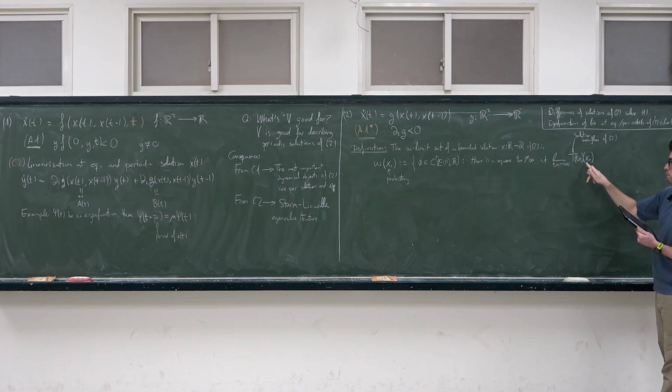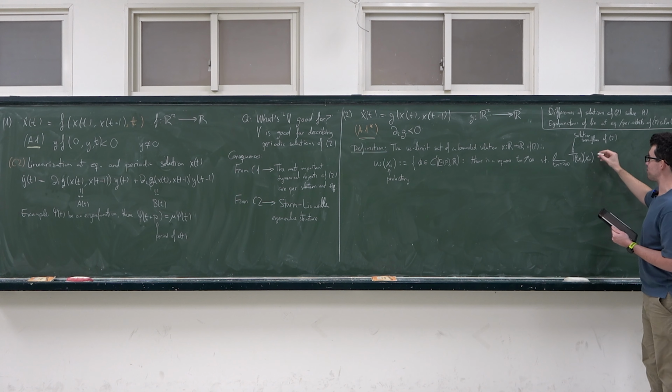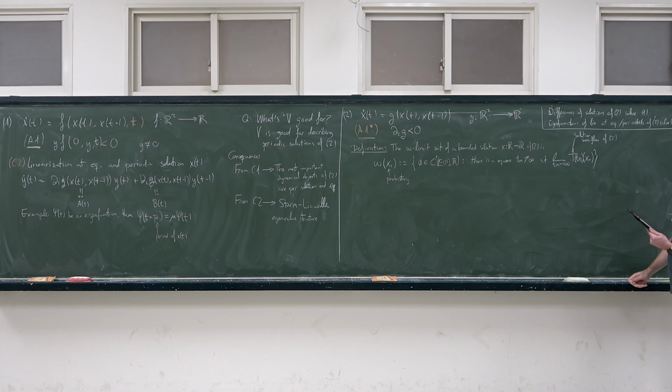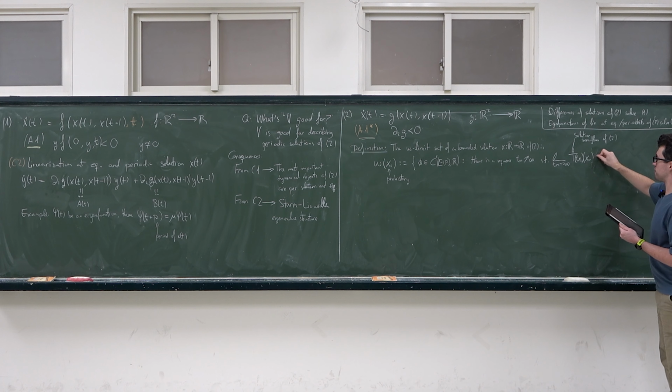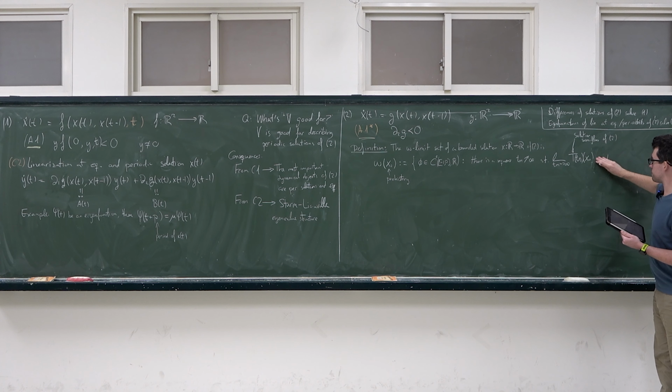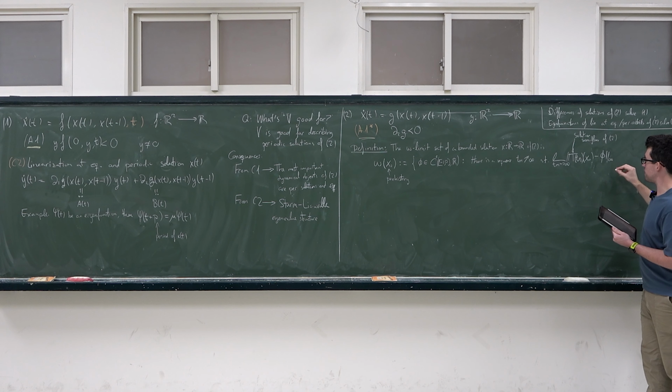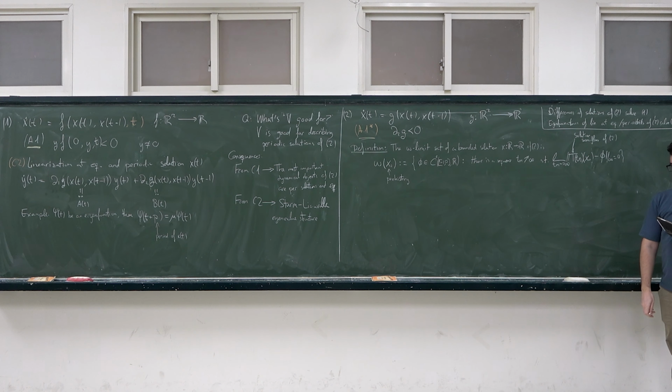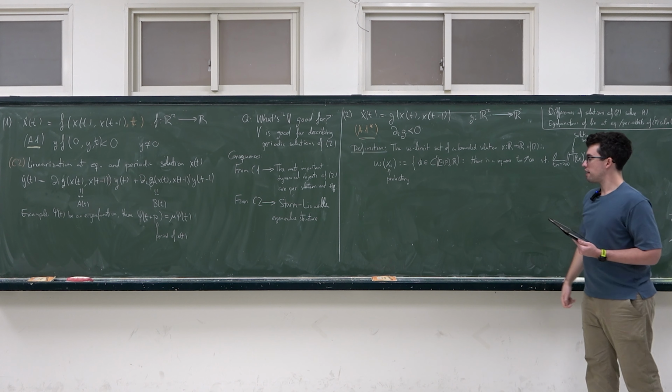X0 here. Or do you put a comma? What do you prefer? No comma. Okay, I just want to stick to your notation. Converges to phi. I also specify the topology of the Banach space under consideration.